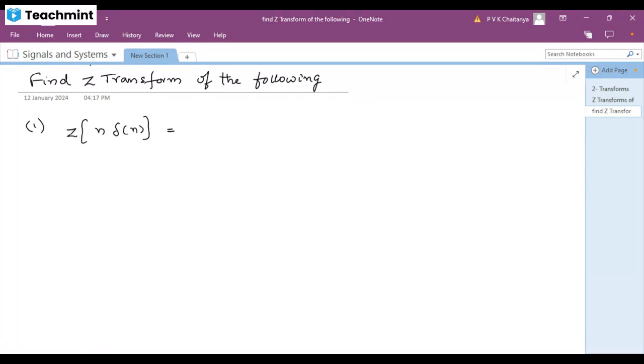So let us find. Sigma n equal to minus infinity to infinity of x of n into z power minus n. In this case, x of n is n into del of n multiplied by z power minus n.